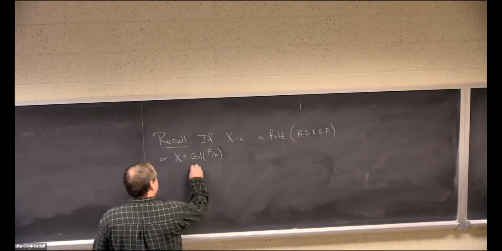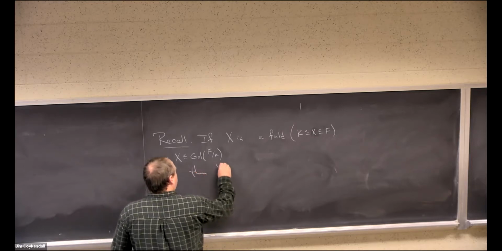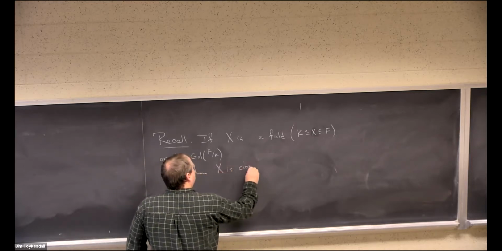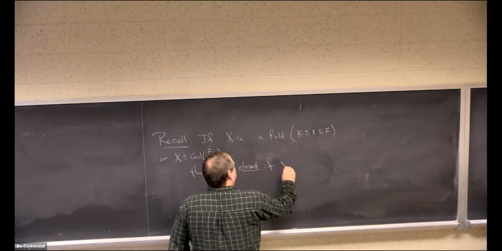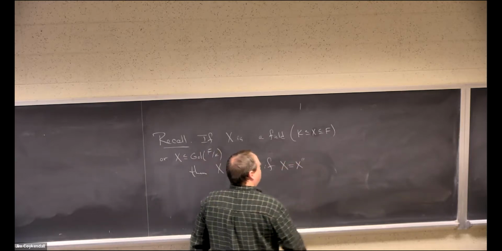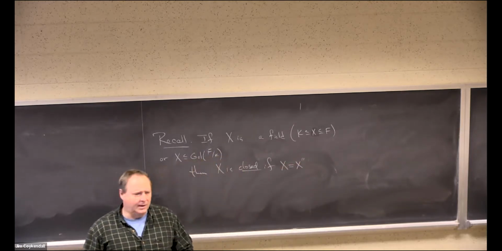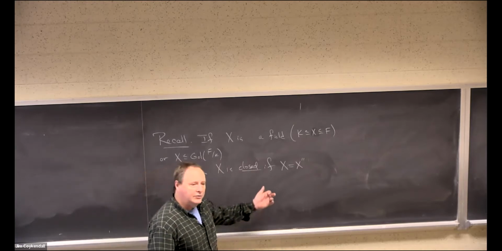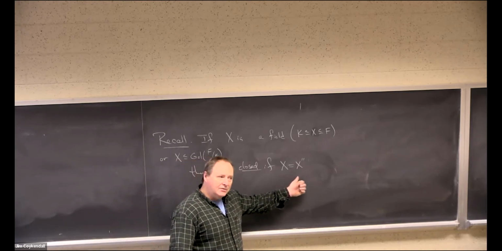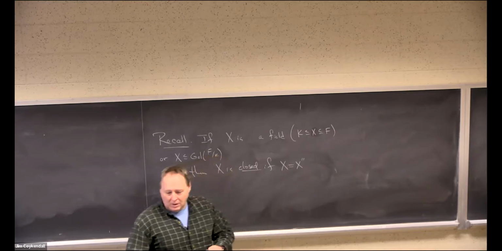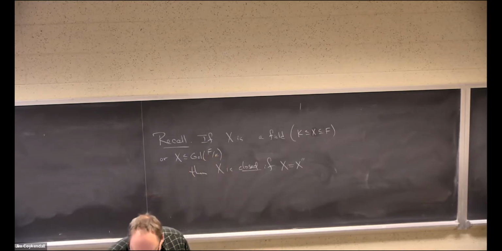Then X is closed if X is equal to X double prime. If you recall, in general, we have X is contained in X double prime. We'll say that it's closed if you get an equality here.